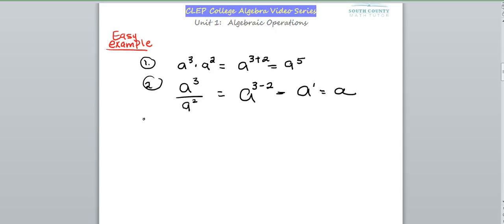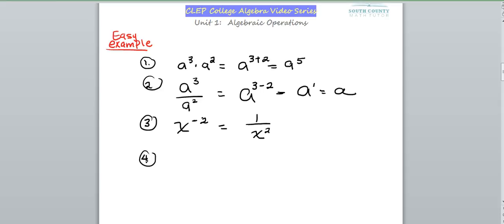Easy example number 3. What if you had a to the negative 2? That just tells you to change the position. This is actually 1 over a squared. You move it to the bottom, and the exponent becomes positive.